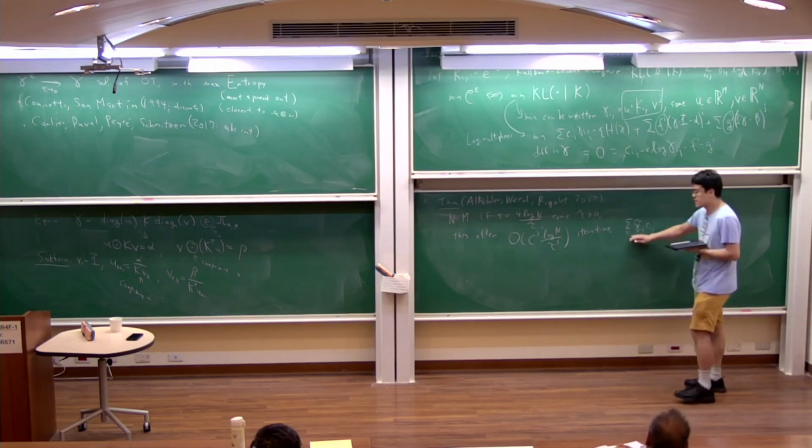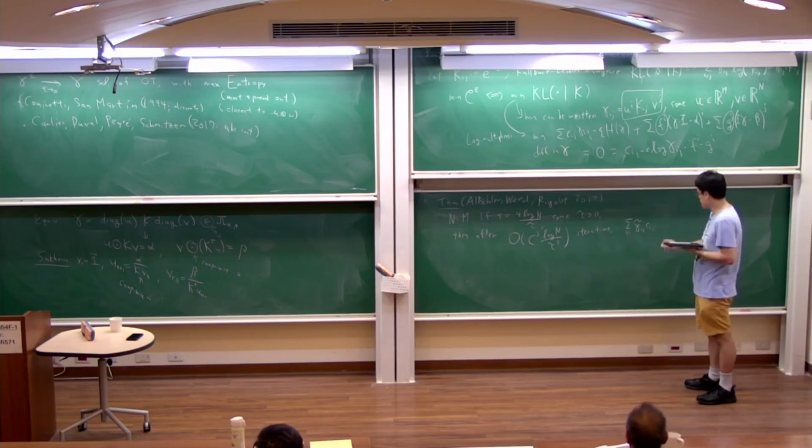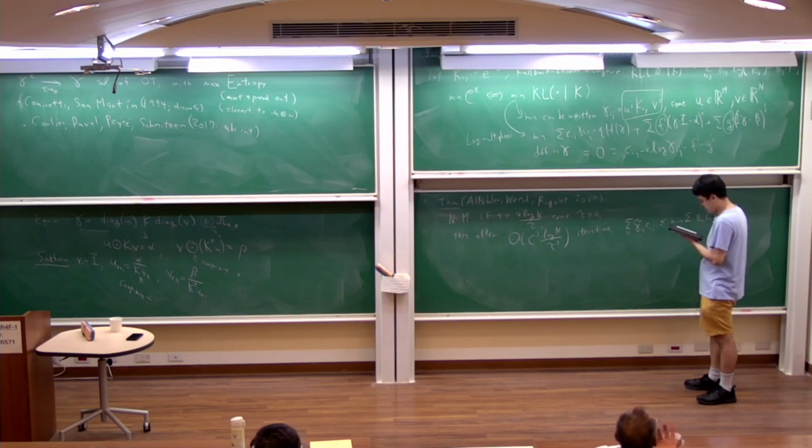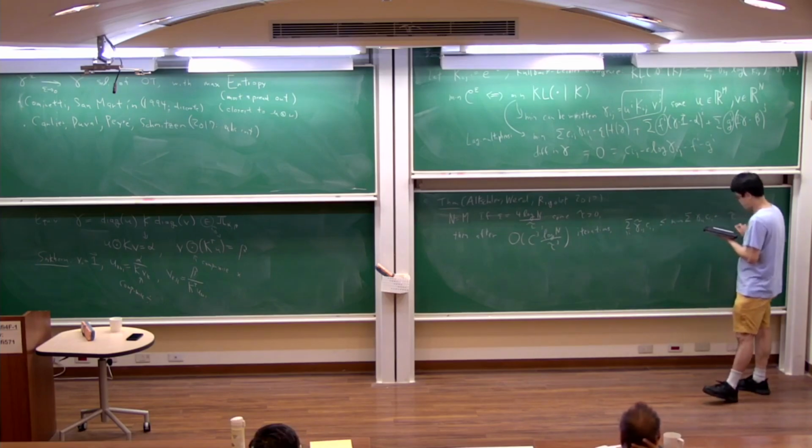Okay, so the optimal transport cost is bounded by the minimum plus τ.